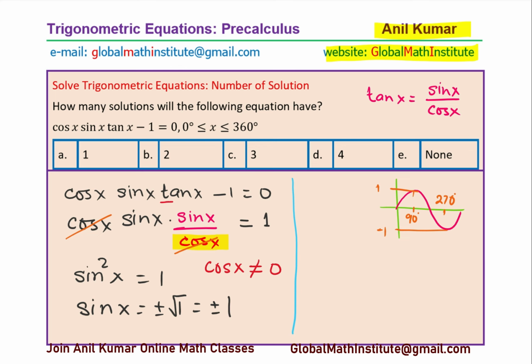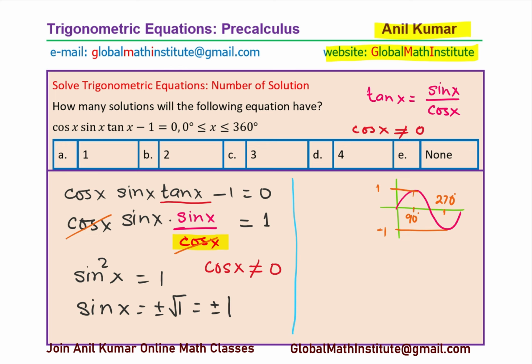Well, in the question itself, we have tan x, and tan x has vertical asymptotes at 90 degrees and 270 degrees, when cos x is 0. So whenever you define tan x, remember that cos x is not equal to 0.